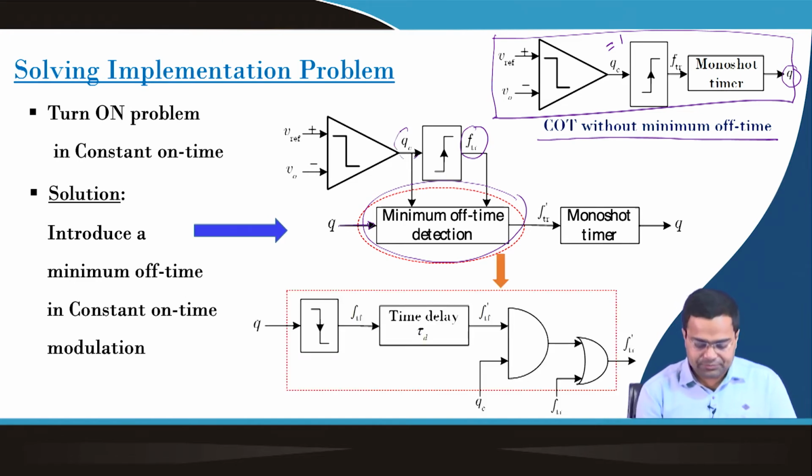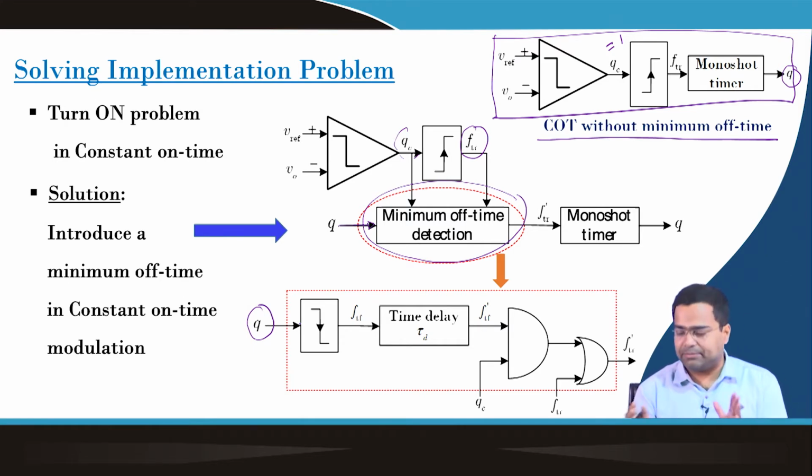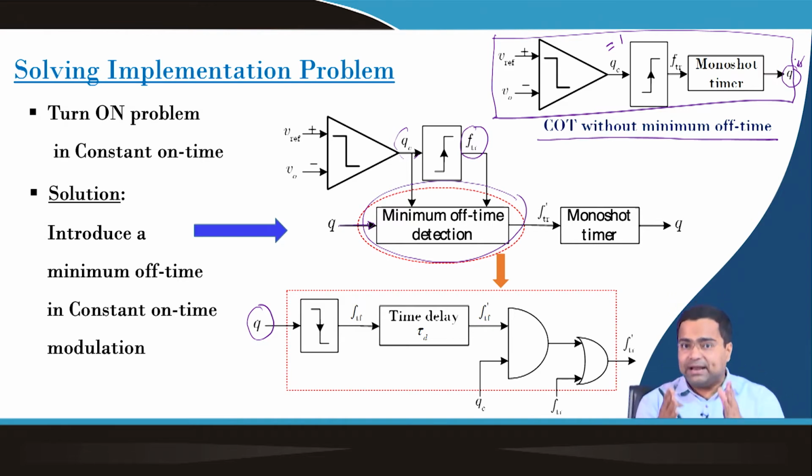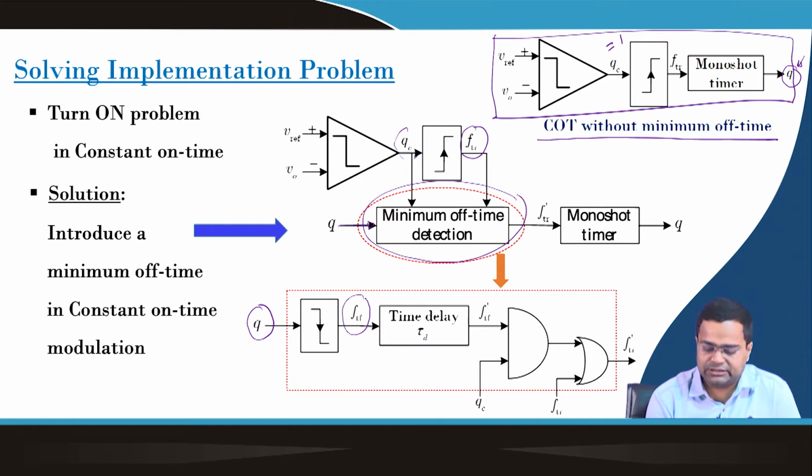Then what it does? First it is checked: when the monoshot timer completes its counting, that means the on time has elapsed, it detects the negative edge, creating a falling edge that is delayed by a time delay tau d.